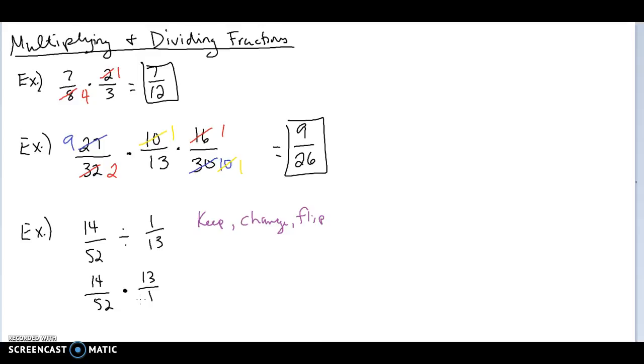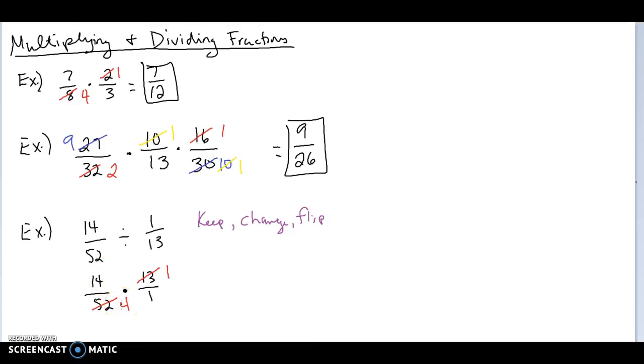13 and 52, I know are both divisible by 13. So 13 divided by 13 is a 1. 52 divided by 13 is a 4. Now, we do have these two 1s on the end here, but if we cancel them out, we're left with 1, so I'm not going to mess with those just yet. We also see that we've got 14 and 4.